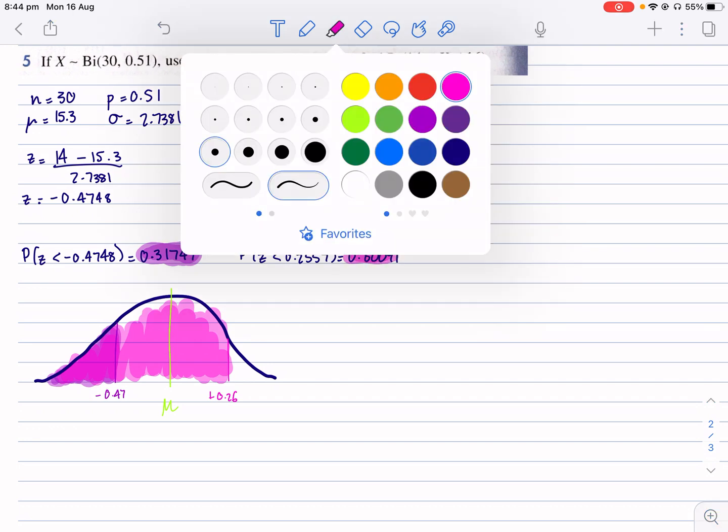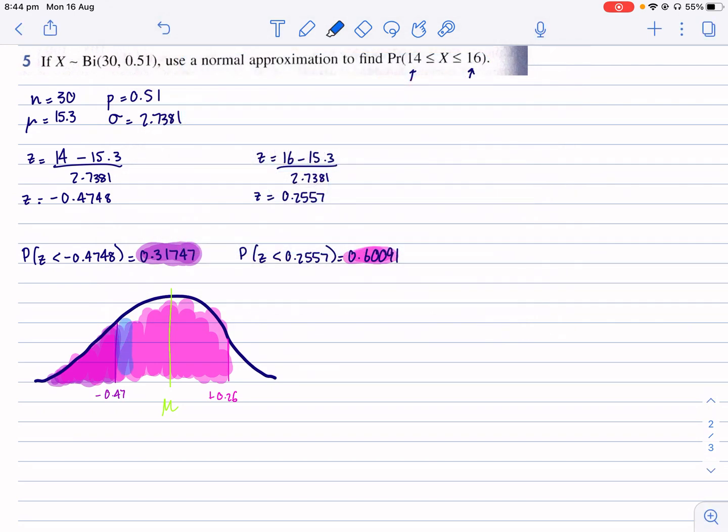But I am interested in the probability in the middle, which you can probably figure out is just the bigger one minus the littler one, because the little one's counted twice.